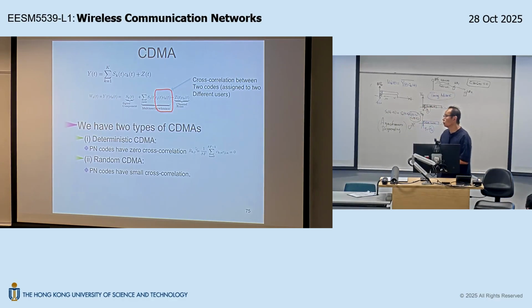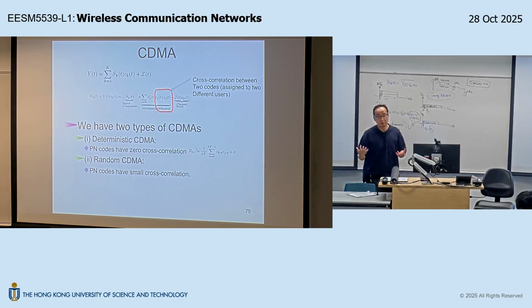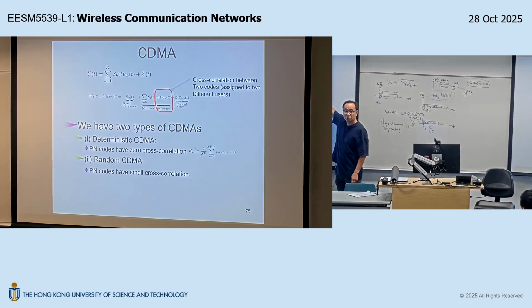So what if we relax the requirement a little bit? Instead of requiring them to have zero cross-correlation, what about we just require them to have a small cross-correlation? I will define what we mean by small. So instead of requiring them to be zero, we just require them to be small.